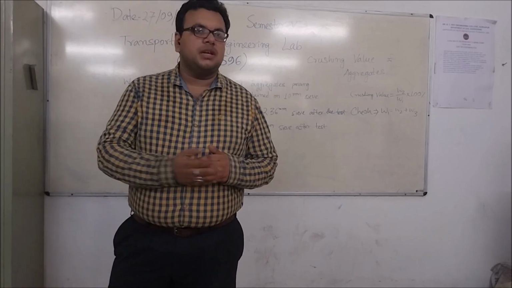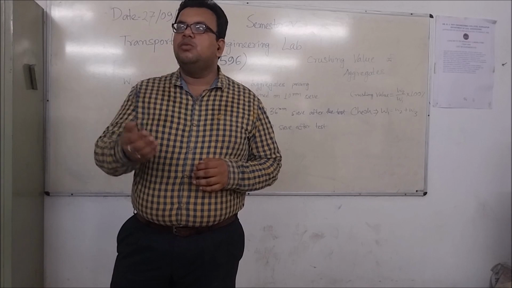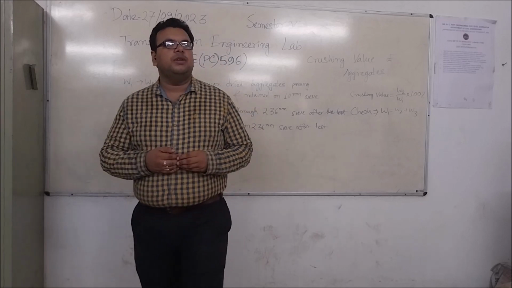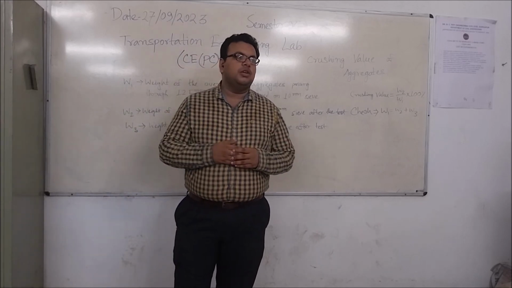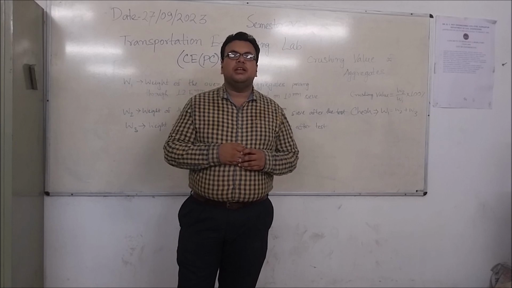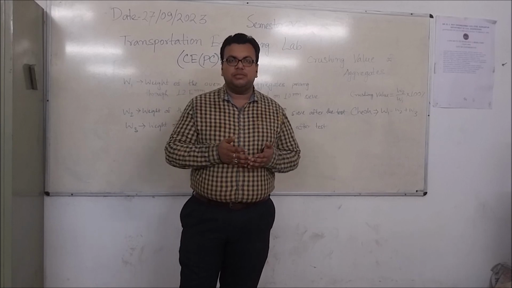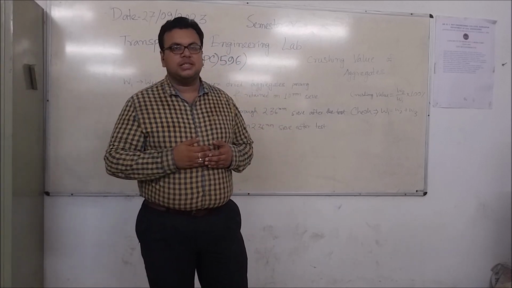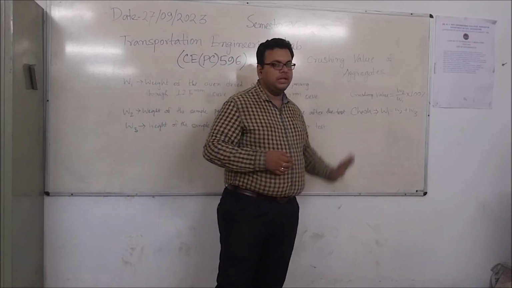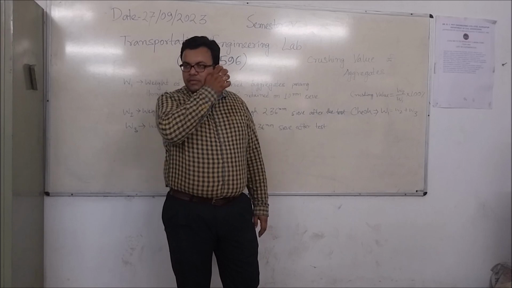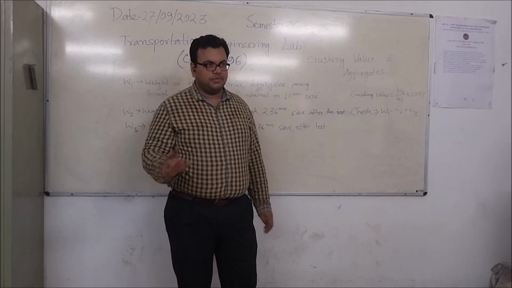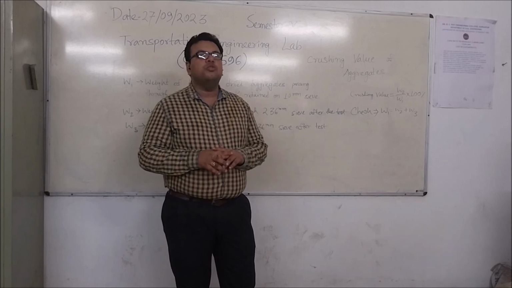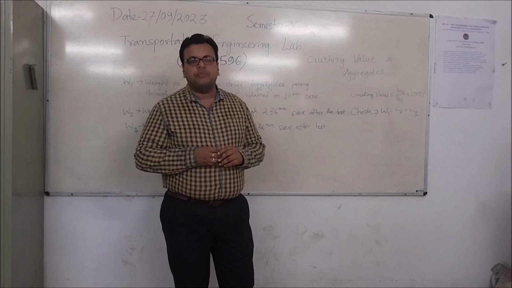So in some cases we may have W2 plus W3 lesser than W1, or in other words W1 will be greater than the aggregate which has been crushed plus the aggregate which has not been crushed. So in this case we will have to check both these cases, and the crushing value will be W2 by W1 into 100, and the limiting value will be 30% for the surface layers, and for the other layers this value will be more than that, but up to 45%.